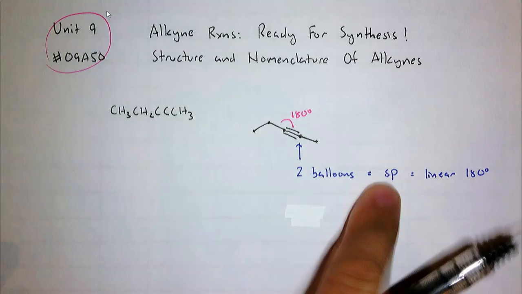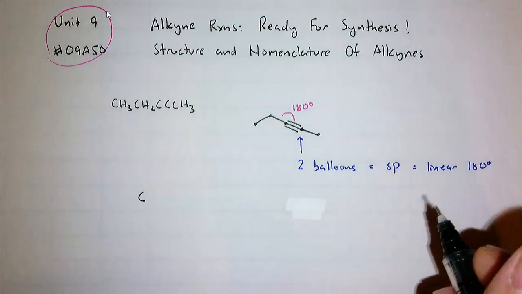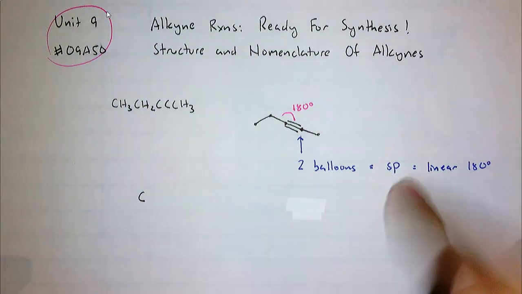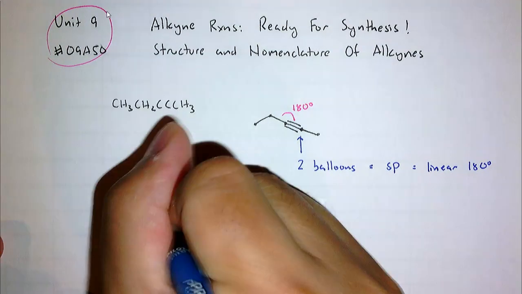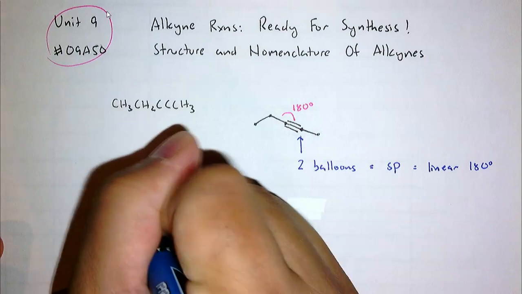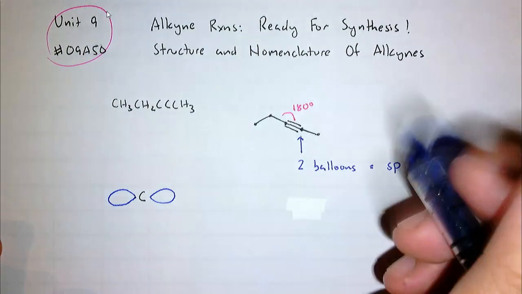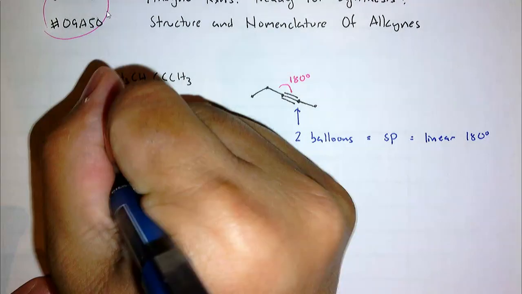Okay, let's think about this sp atom. You have a carbon, and I said that you have 2 sp orbitals, because when you mix 2 atomic orbitals, you should get out 2 hybrid orbitals. And when you hold 2 balloons from the tips, for the most part, they're going to be across from each other on average. So these are the sp orbitals.